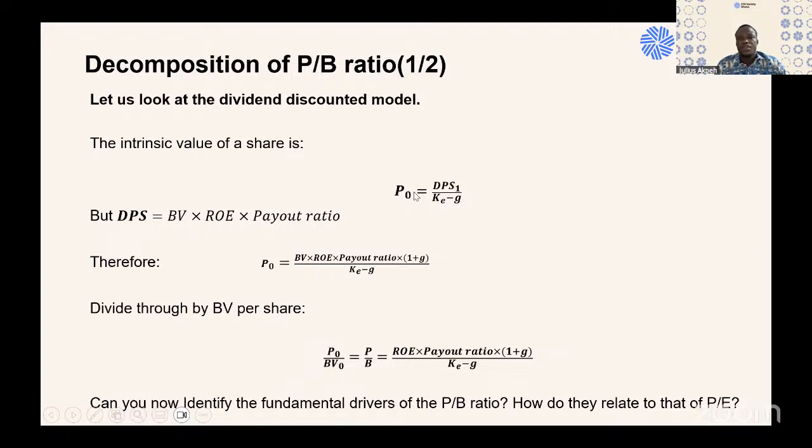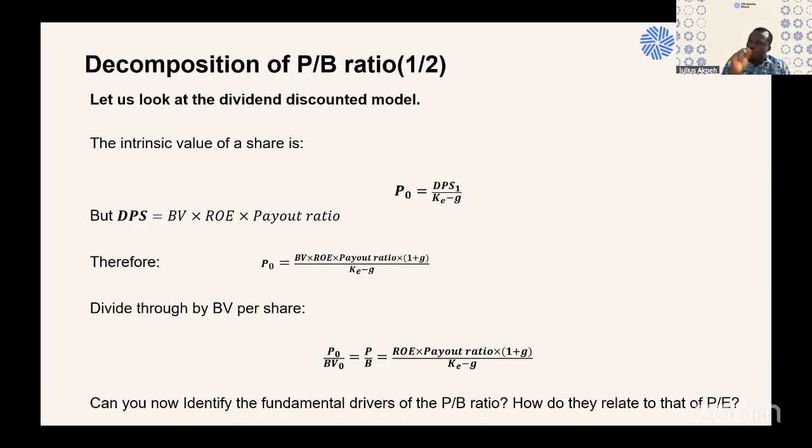Here we are assuming a constant growth in dividend, and that's what we have here. Beautiful. So in this formula, we can see all the three drivers of value. The numerator, dividend per share, is the cash flow. The KE here is the risk measure, and the G is the growth. So all the three are there: cash flow, risk, and growth.